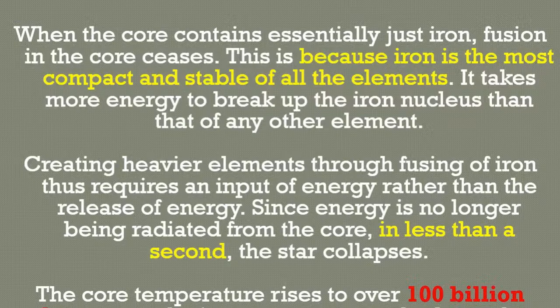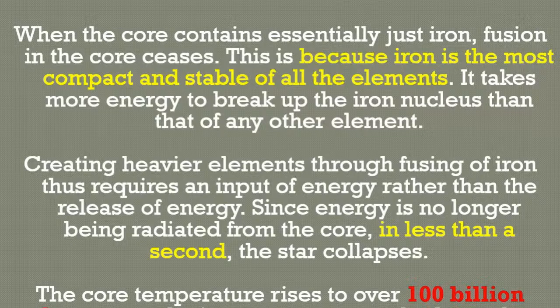It hits over 100 billion degrees. Now you say, well, that's hotter than I'm accustomed to. Yeah, well, it's unimaginably hot, but we can calculate these numbers. 100 billion degrees, it's just a silly number. It's hotter than that.